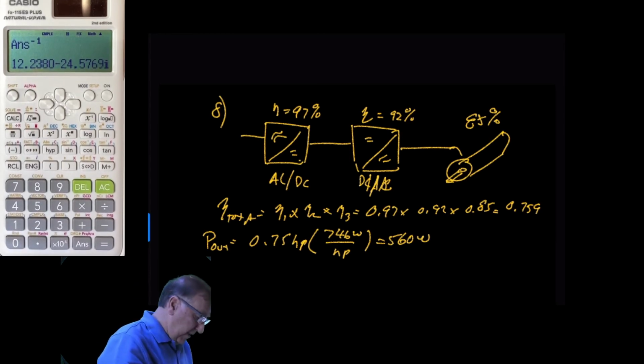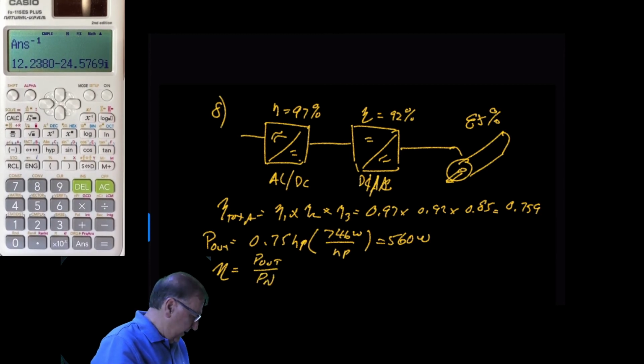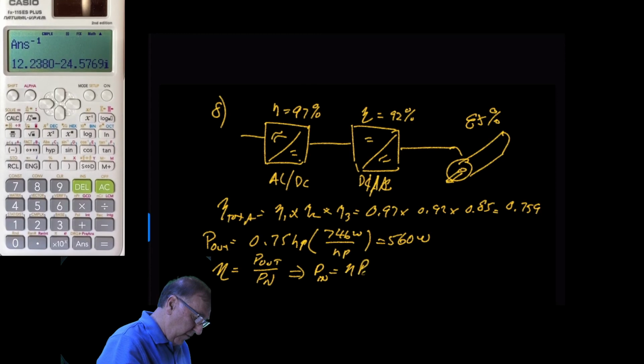So now we know efficiency is power out over power in, and we want to find power in.